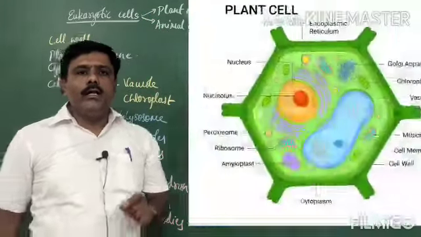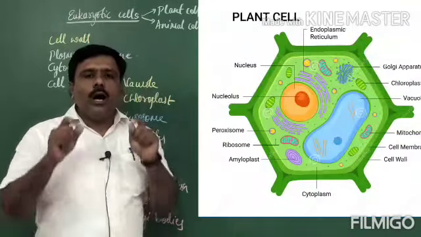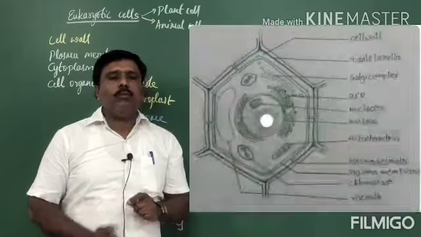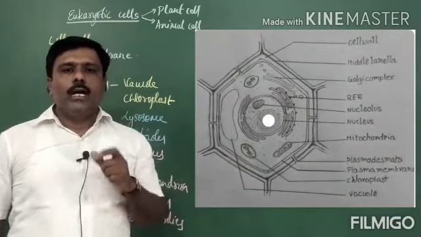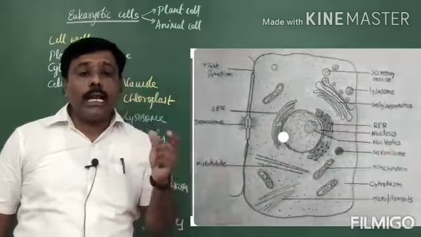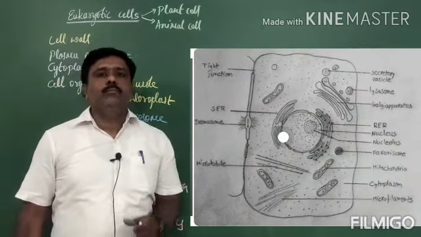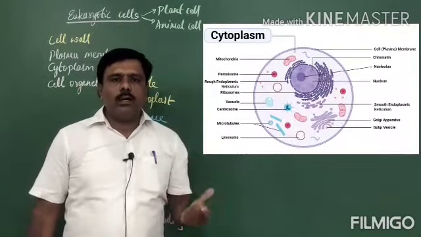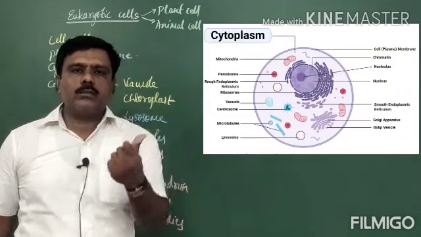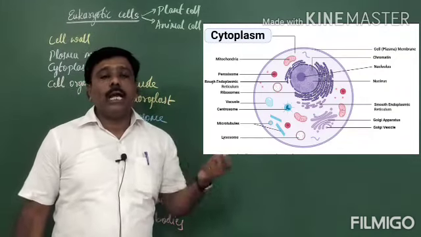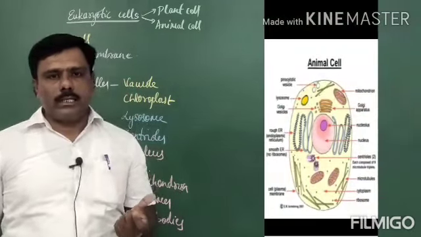Here, you need to learn how to draw a neat labelled diagram of a plant cell and of an animal cell. Okay? Sir, they explained some of this with respect to plant and animal cells in the bridge course.